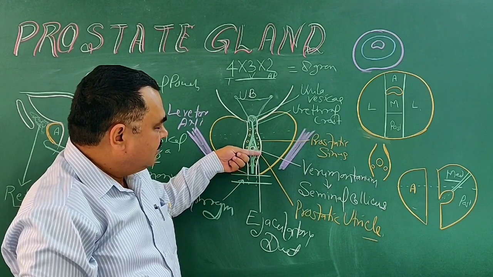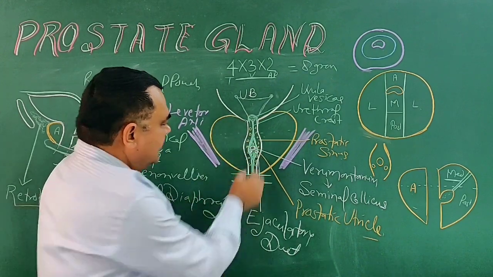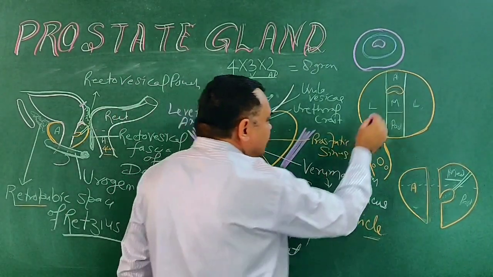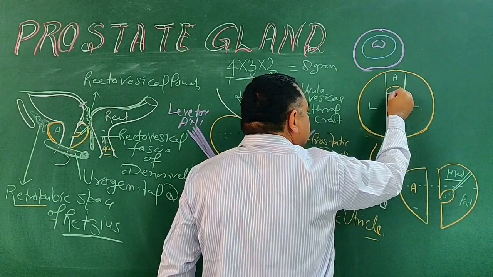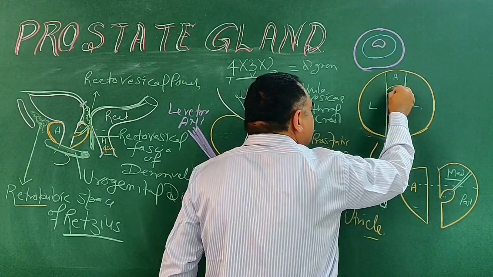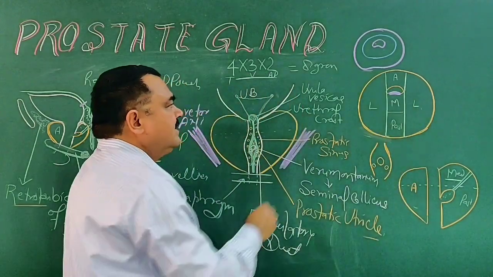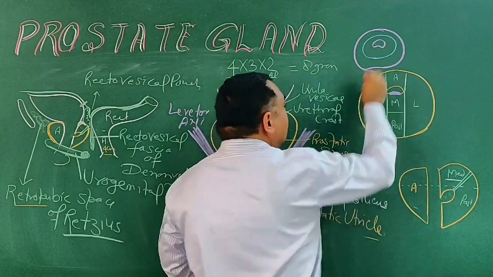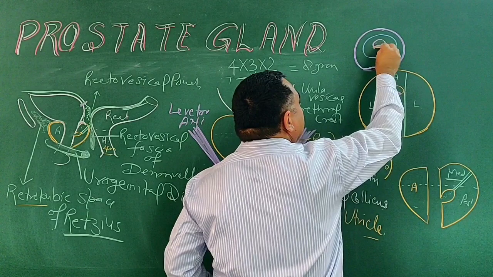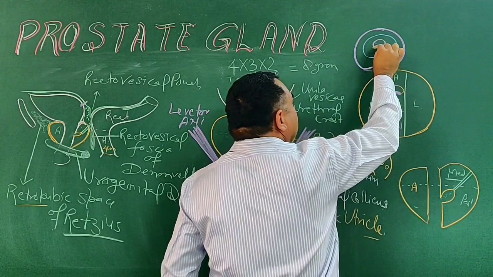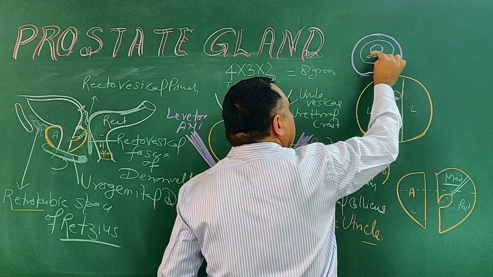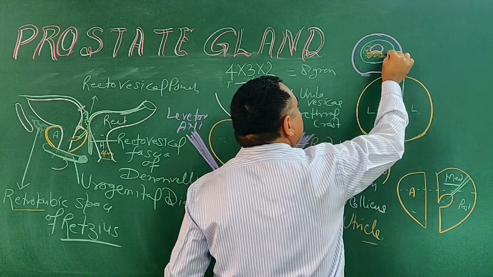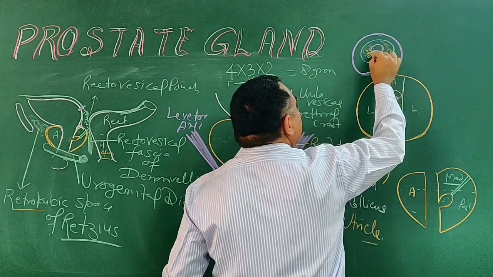So above this ejaculatory duct, this portion, the posterior wall, is formed by absorption of the mesonephric duct. And this duct, this part, proliferates and forms the glands. So these glands are formed here.